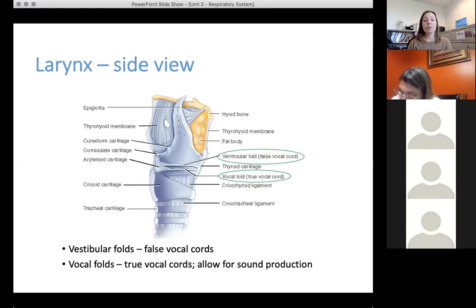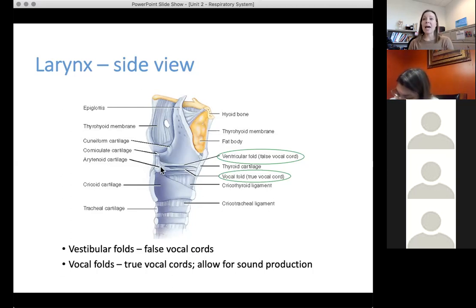Okay, now the other three pieces of cartilage, the arytenoids, the corniculate, and the cuneiform cartilage, these are all little paired pieces of cartilage. So there's two little pieces on either side for all of these. So arytenoid cartilage, you can see it here. You're not ever going to have to identify it on a diagram, but just showing you anyway, because it's here.